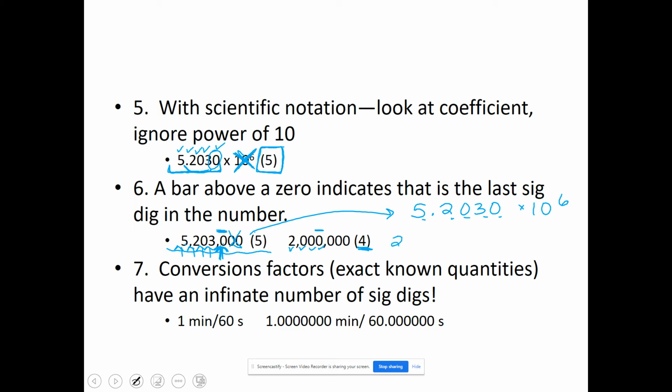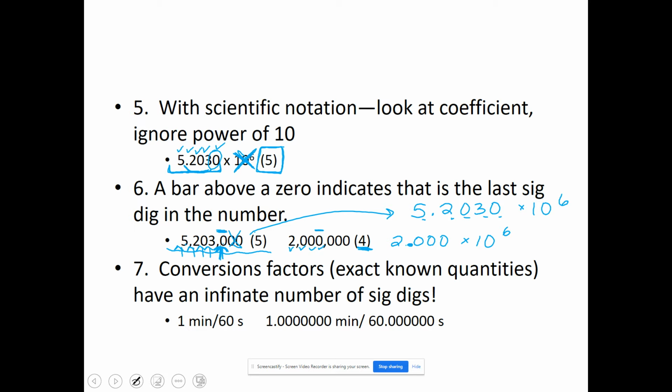Or you could put it as 2.000 times 10 to the 6. I guess that makes sense since they're both million.